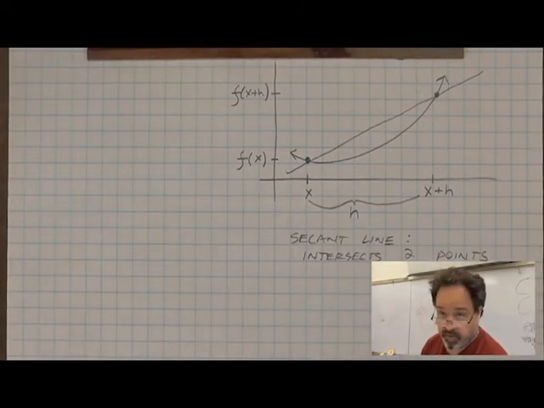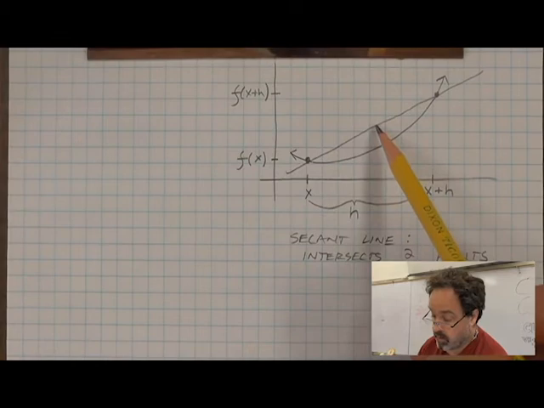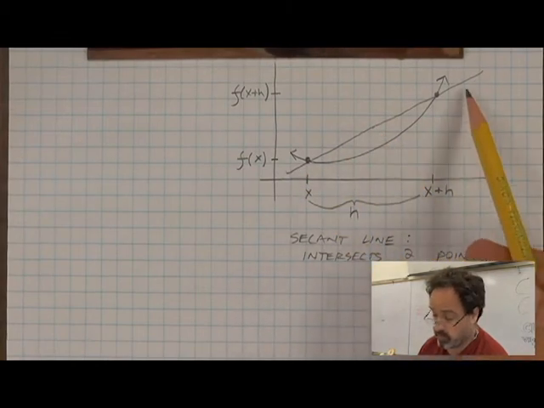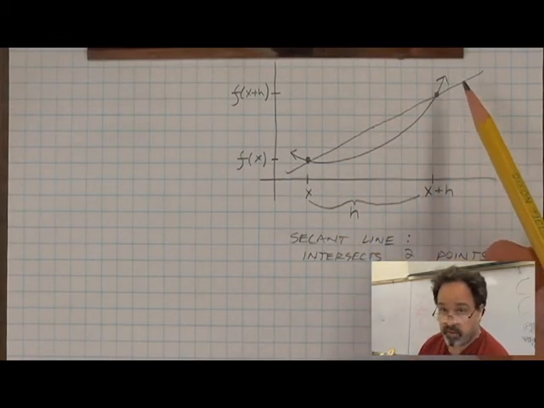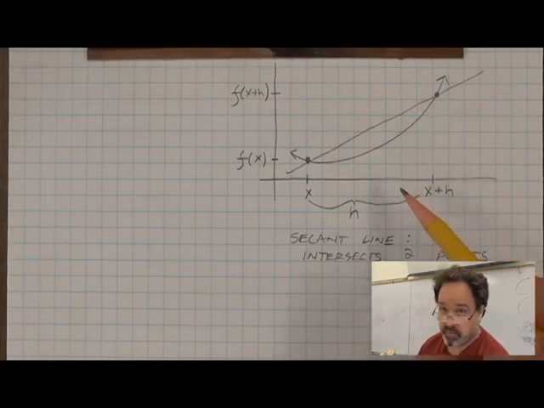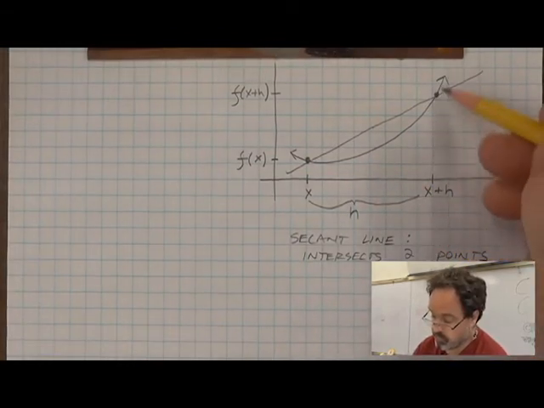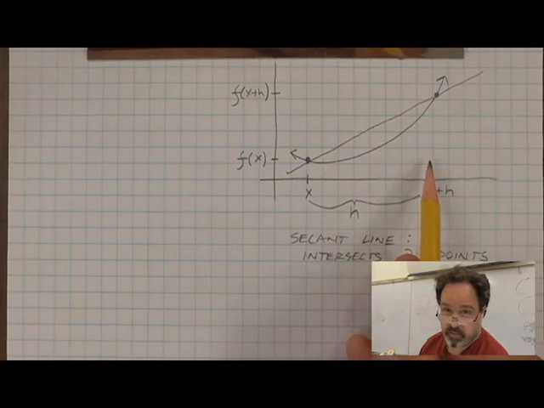Again, the average rate of change is the slope of that secant line between those 2 points. And we calculate a slope as a rise over a run. It would be the vertical change divided by the horizontal change.